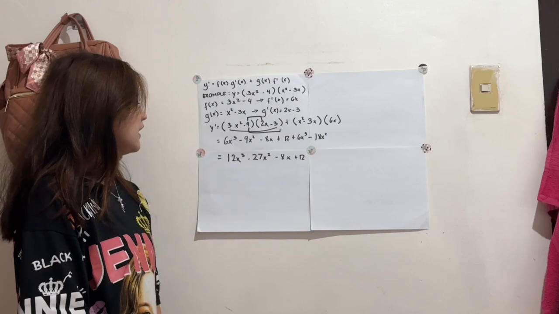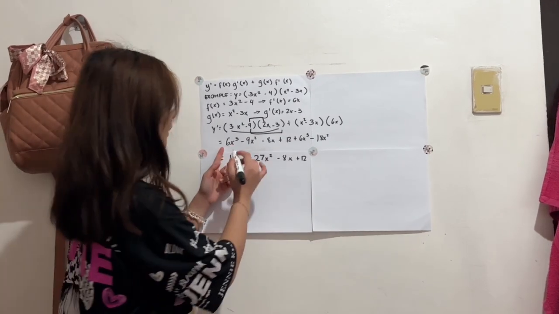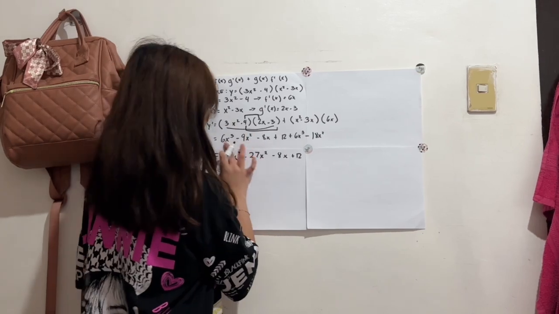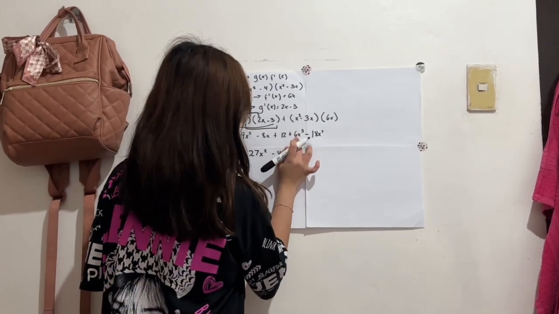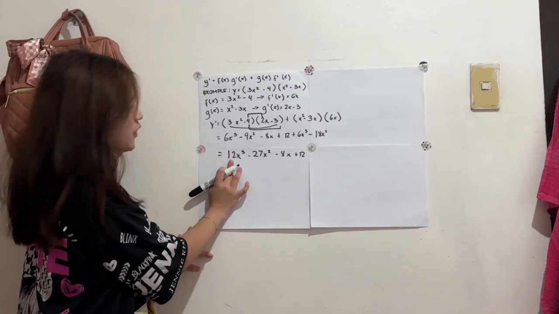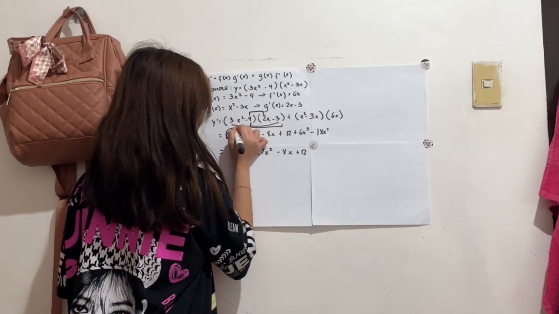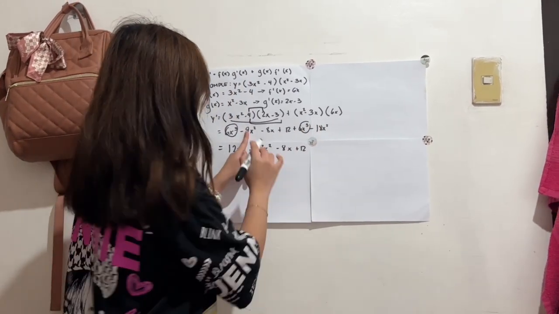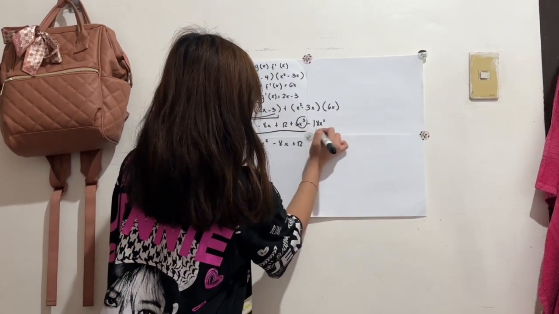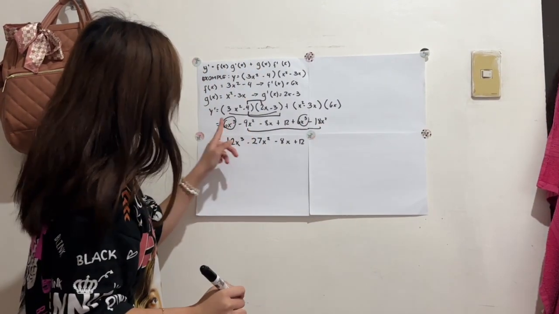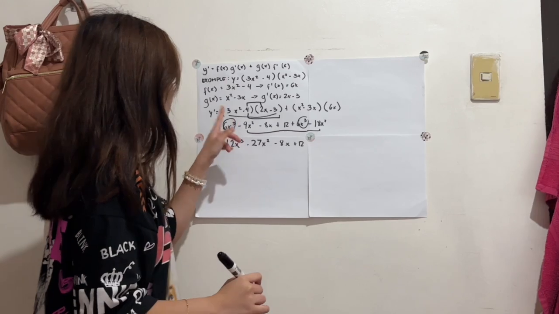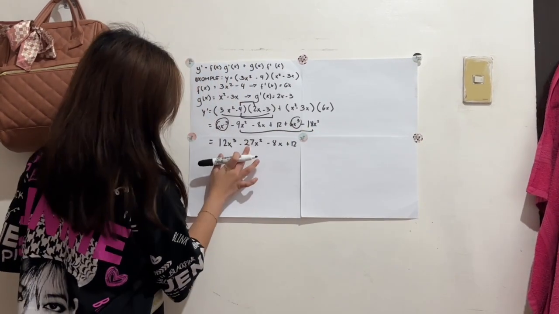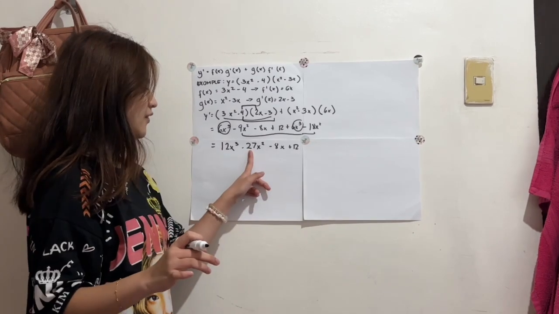So, as you can see, 6x cubed plus 6x cubed is equals to 12x cubed. Ito po, this one and this one. And then, ito din po, itong dalawang to. Negative 9x squared plus negative 18x squared is equals to negative 27x squared.